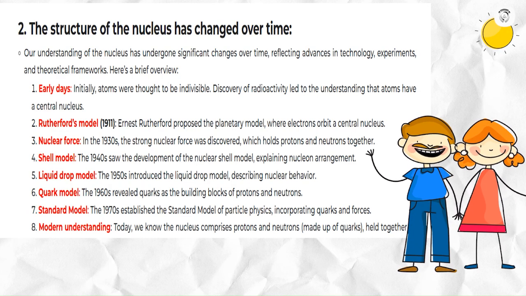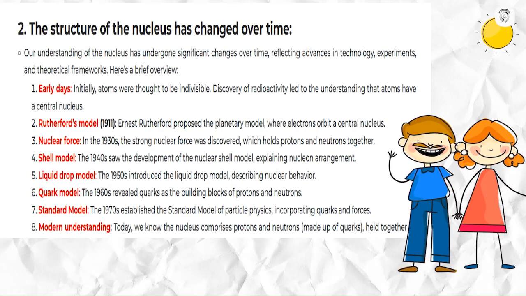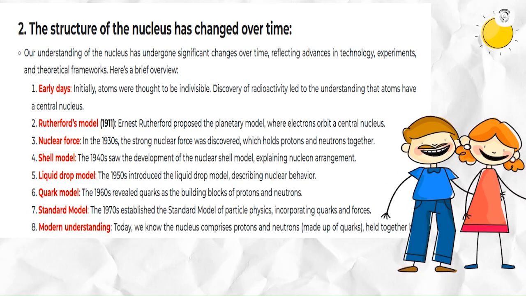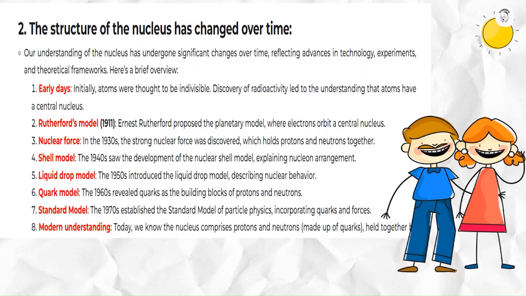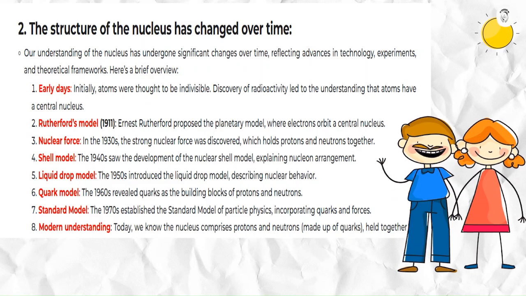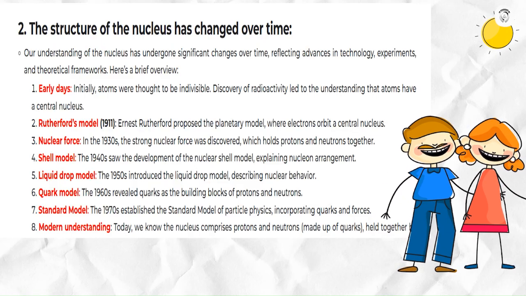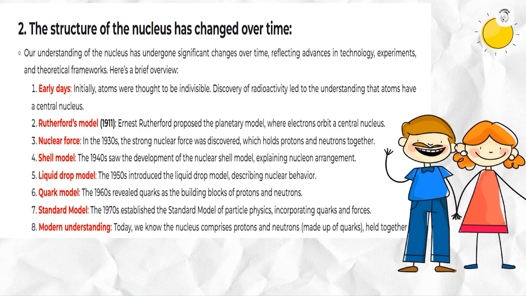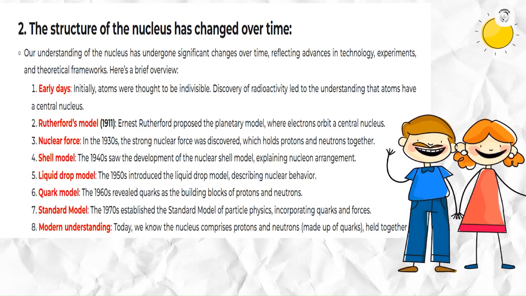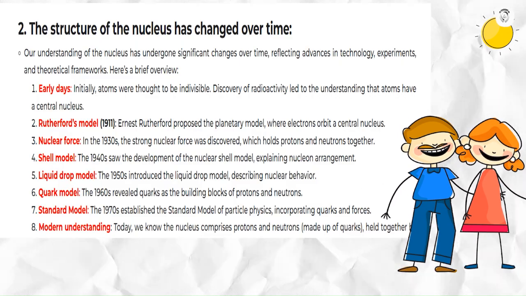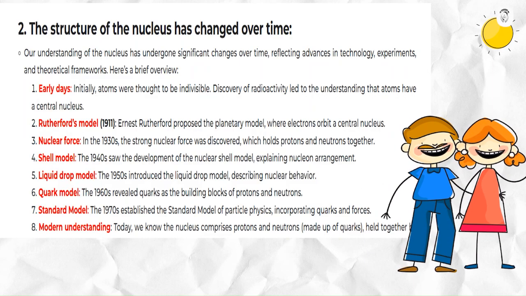And then in the 1970s, we got the standard model of particle physics, which explained the quarks and the forces. Our more modern understanding today of the nucleus is that it comprises protons and neutrons, and these protons and neutrons are made up of quarks, and they are held together by the strong nuclear force.